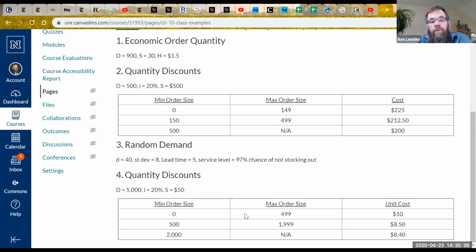Because that EOQ falls in this range, we don't have to calculate an EOQ for the price of $10. Why would we want to? In the quantity range between 500 and 2,000, we're minimizing ordering and holding costs, and we're getting a price of $8.50. There's no possible scenario where paying $10, $1.50 more, could actually save you money overall.